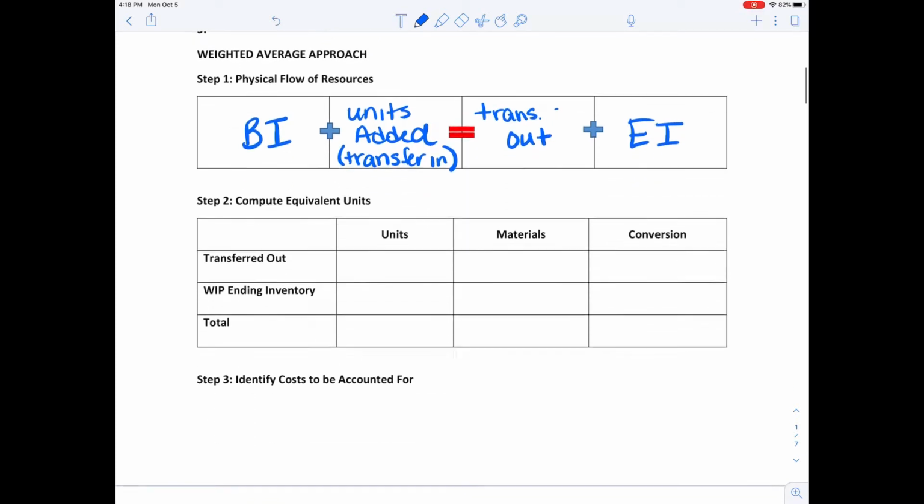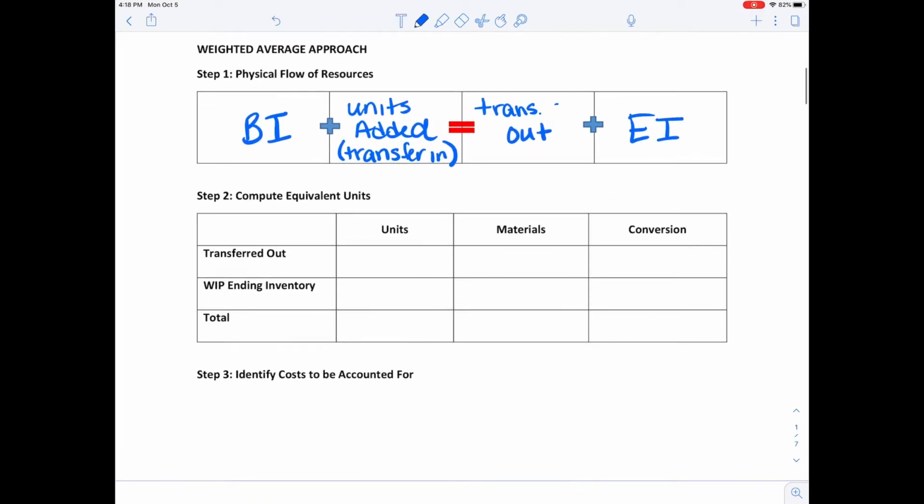The second step in this process is then to compute the equivalent units. Again, we're talking about the weighted average approach here. In the units category, those transferred out units are complete, and that's why they're transferred. So this is going to be that total number. That's not going to be any different under materials or conversion costs.